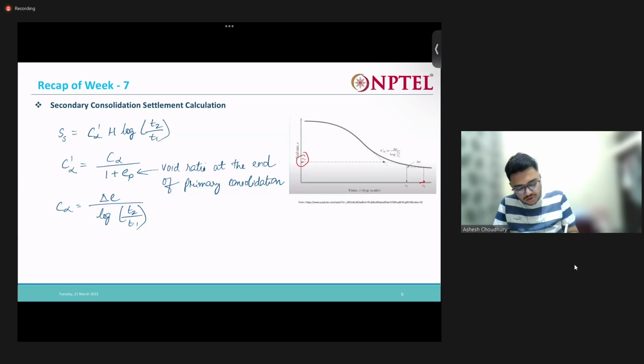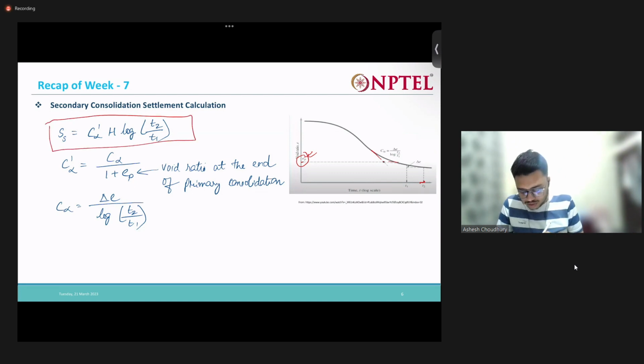You need to draw two tangents and obtain this ep value. ep is nothing but the void ratio at the end of my primary consolidation stage. So graphically obtain ep, then this is my equation. For the secondary consolidation settlement you actually need to use this.